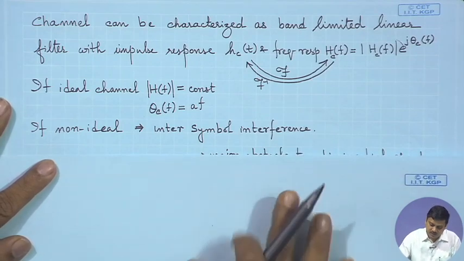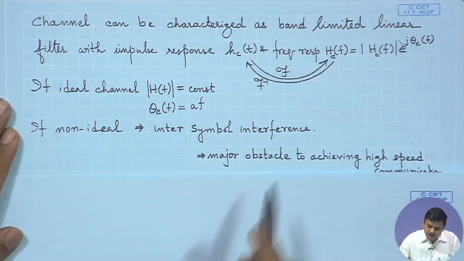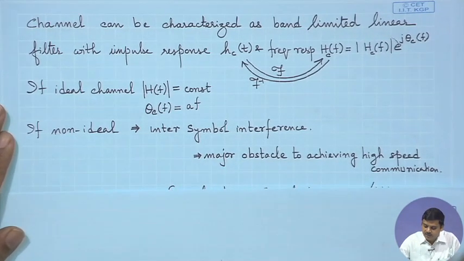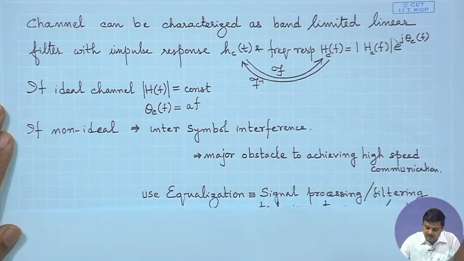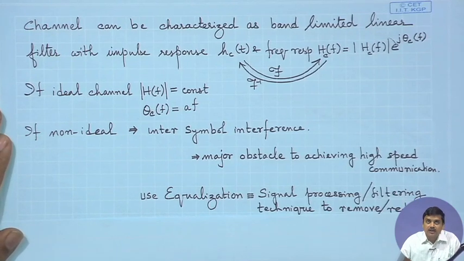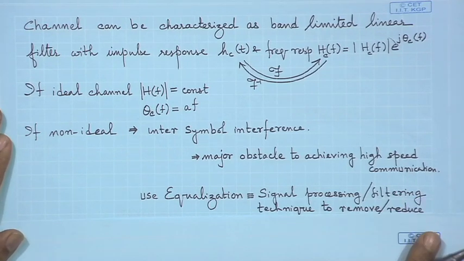So, this intersymbol interference is a major obstacle to achieving higher bit rate, as we have said, because of complexity in calculations. To improve the situation, we can use equalization or signal processing at the receiver.